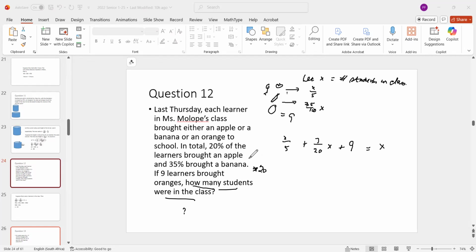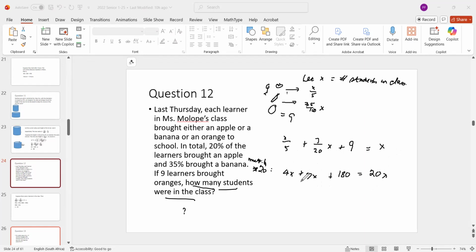Multiply x over 5 by 20. 5 goes in 20 4 times: 4x. Multiply this by 20: 7x. 20 cancels. 20 times 9 is 180. Multiply x by 20: 20x.